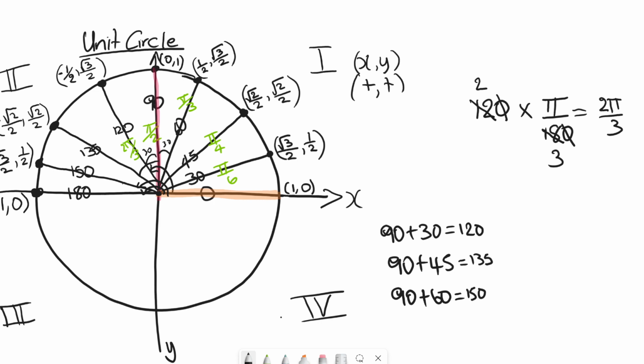Now I'm going to look at 135 degrees times pi over 180. Since this is in the middle, I'm going to say these numbers are divisible by 45 because they're increments of 45. Now I know that 45 divides 180 4 times.